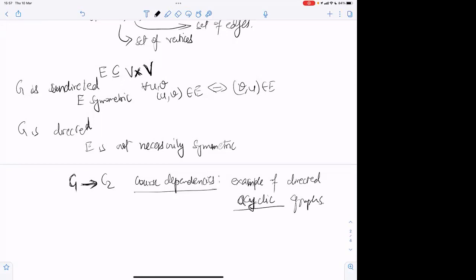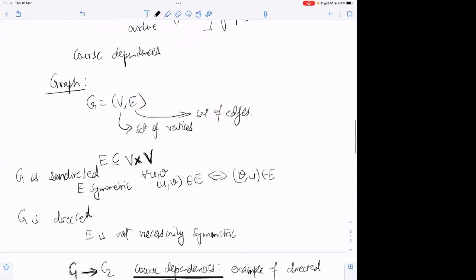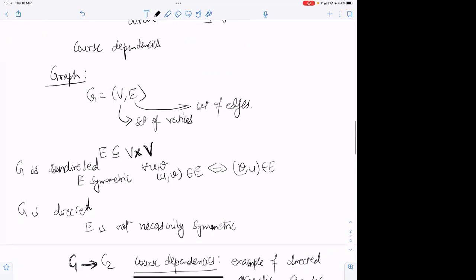Yes, sir. This also brings me to a small thing: when we said E is contained in V cross V, theoretically we are allowing edges like (u, u). These are called self loops, and usually we forbid them. In simple graphs, there are no self loops.